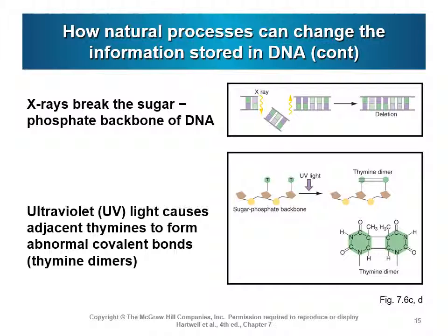That is a covalent bond between two neighboring thymines, and it's important to know that it's not a mutation. It is a lesion in DNA. However, if it's not corrected, it will cause a mutation through the replication process.